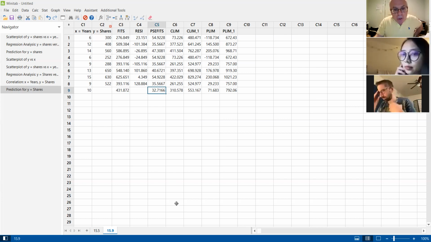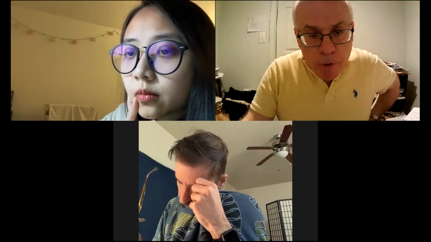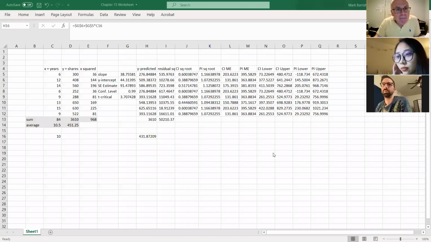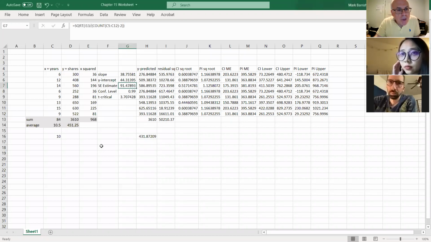So let's go back to the Excel spreadsheet and I'll prove it to you. This number here, 91.4793, that's the standard error of the estimate. This CI square root here that I created a column for is that square root. I've created a formula for that.